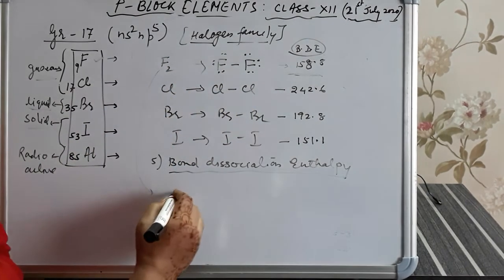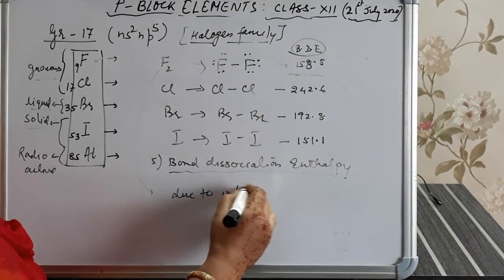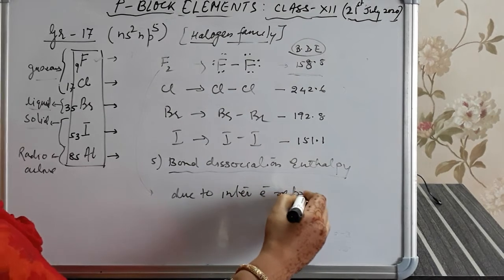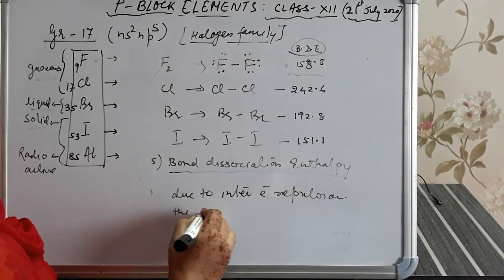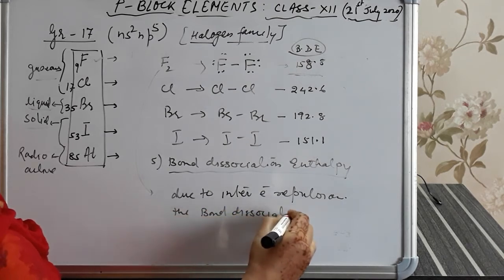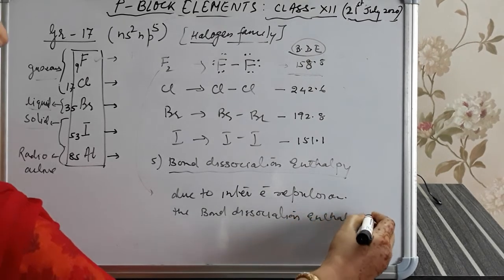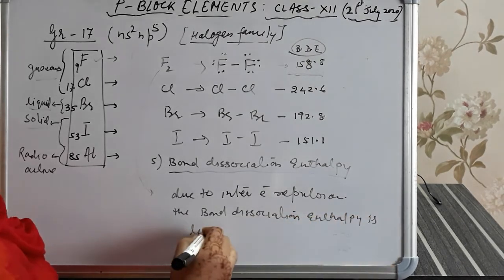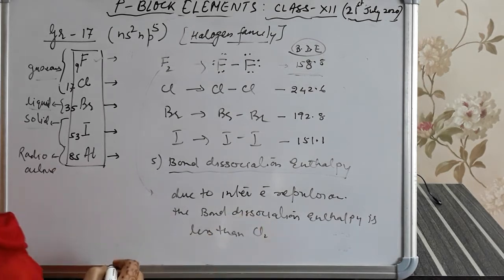Due to inter-electronic repulsion, the bond dissociation enthalpy is less than chlorine, whereas it was expected to be more.